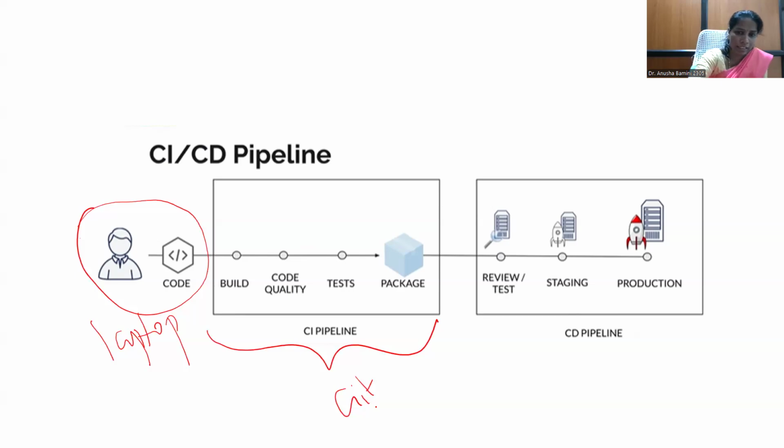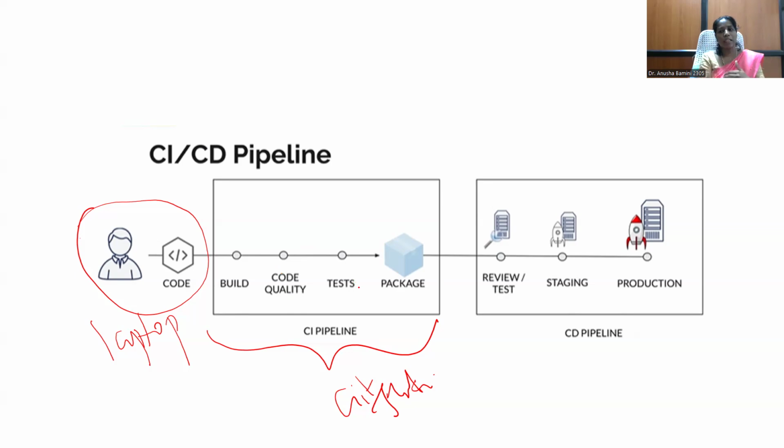Bitbucket, Jenkins. Okay, anything can be used here in the CI pipeline. Once you have developed the code in your own system, you push the code to either Git or Jenkins. That is called build, code quality, test and package. We are packaging our entire code in a CI pipeline, continuous integration.